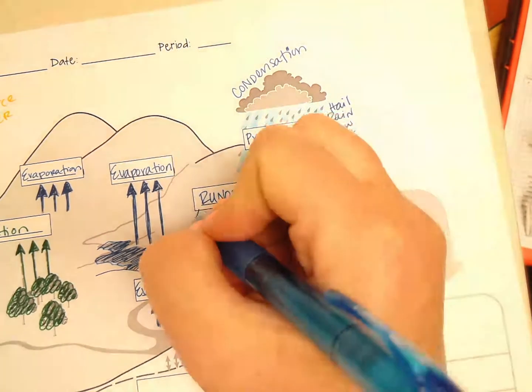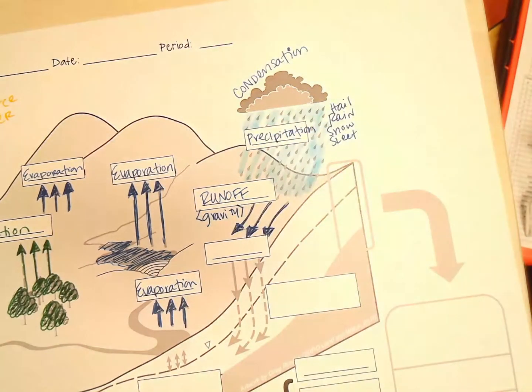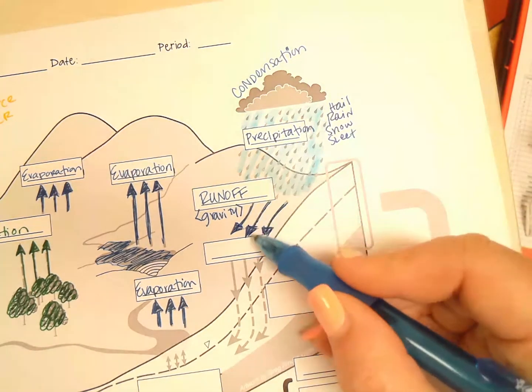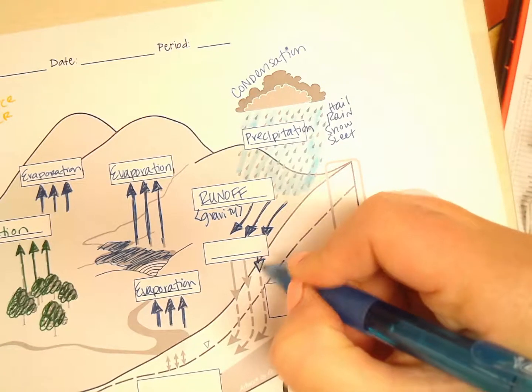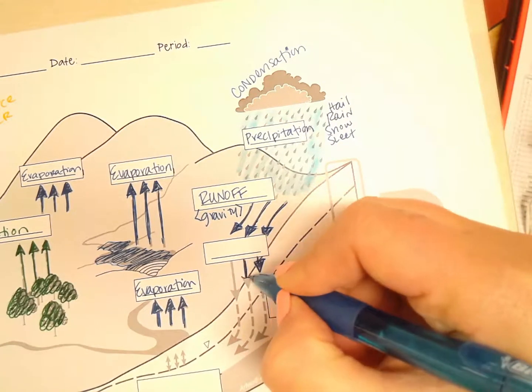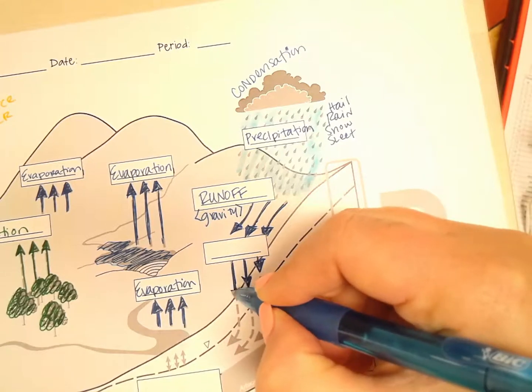It's pulled by gravity. Okay? And that runoff is eventually going to start to go into the ground. It's going to seep through the ground. It's going to percolate. That was one of our vocabulary words.